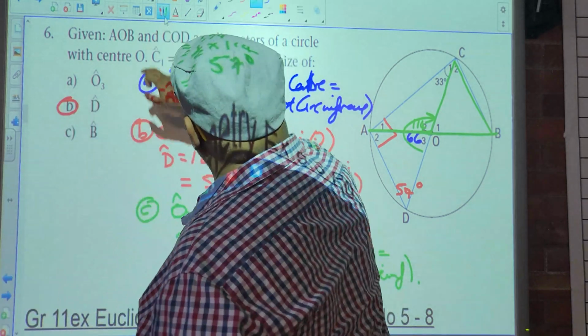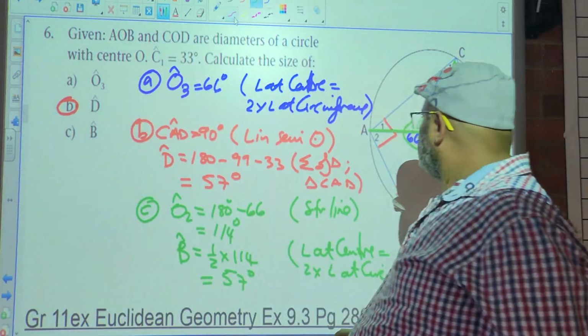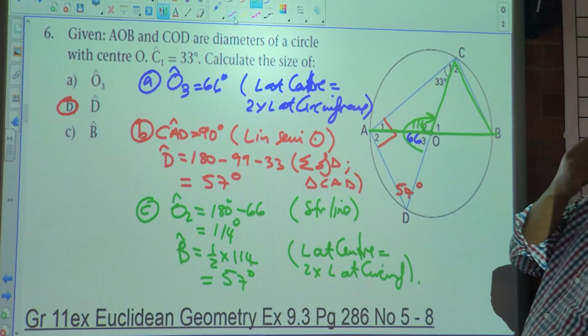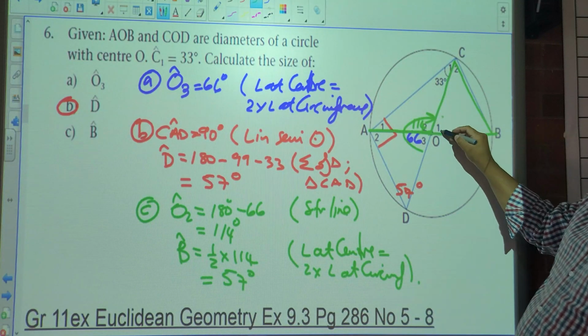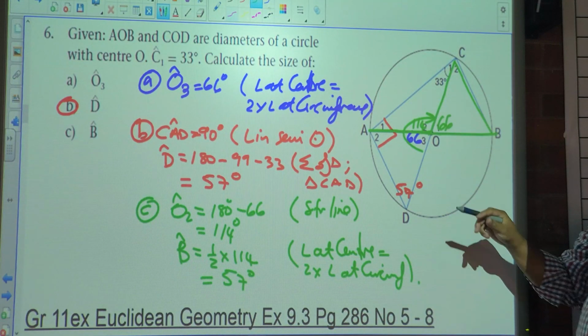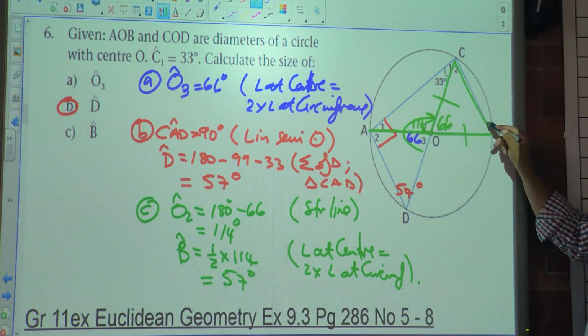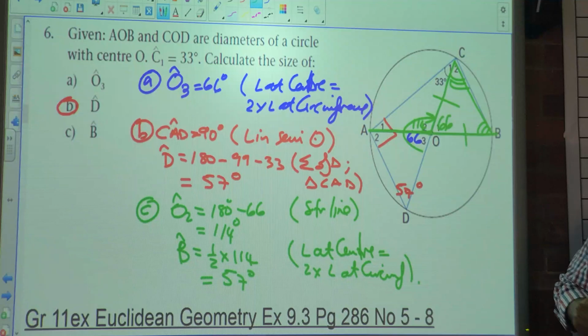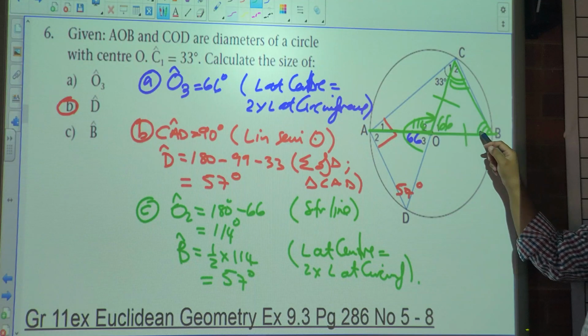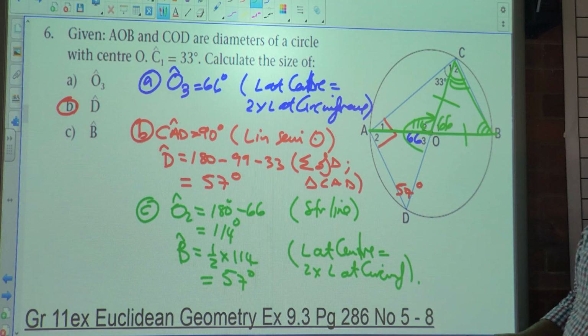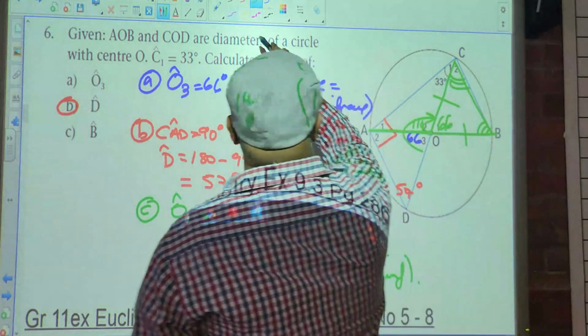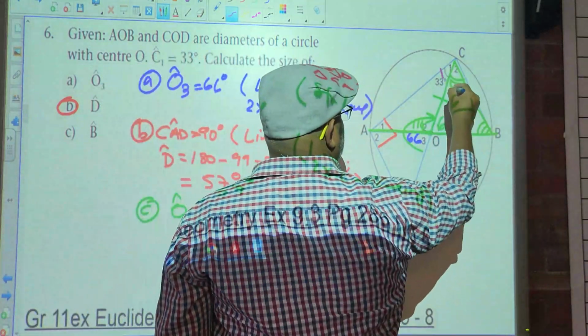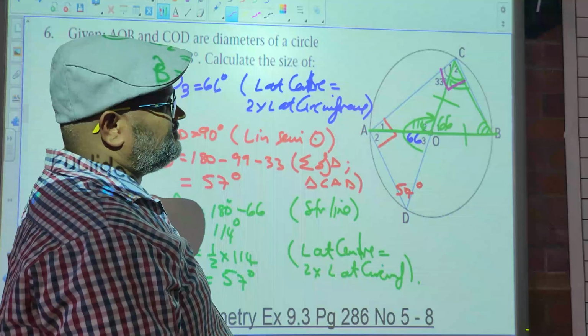What I could have also done was, I could have said this is 66. Why? But it's the opposite. And then angle B is equal to angle C2. Angles opposite equal sides. And then sum in triangles. Okay. There's another way. I could have said that is 90 degrees. Not so?